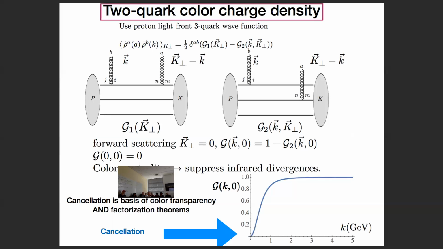There's a hole in this form factor, and the width of the hole is determined by the proton size in momentum space, 1 over a quantity closely related to the radius of the proton, and I emphasize the cancellation. Okay, questions?